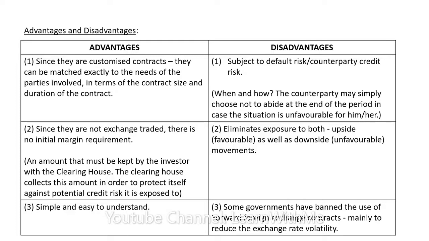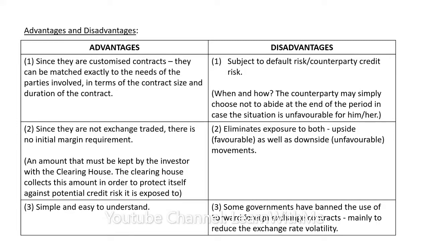Second is that a forward contract eliminates an exposure to both an upside as well as a downside movement in foreign exchange rates. What is an upside movement? An upside movement is a favorable movement, and a downside movement is an unfavorable movement. Third is that some governments have banned the use of foreign exchange contracts, and this is mainly undertaken to reduce the exchange volatility.